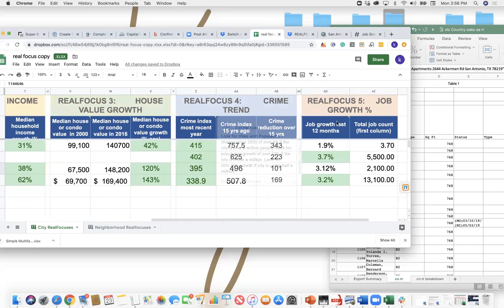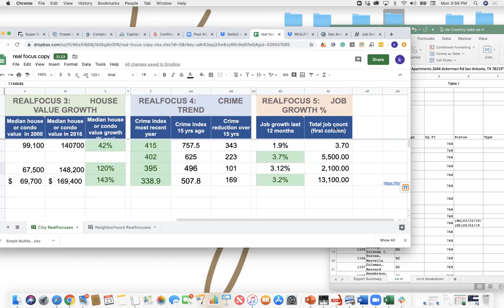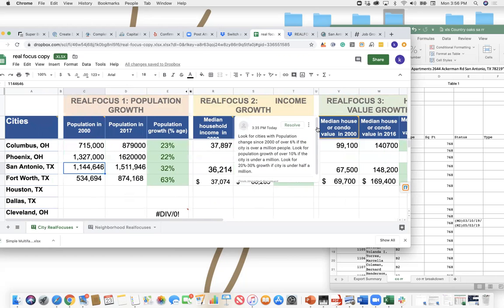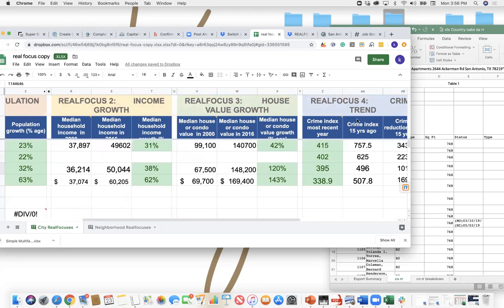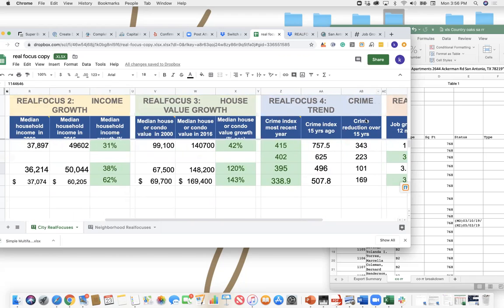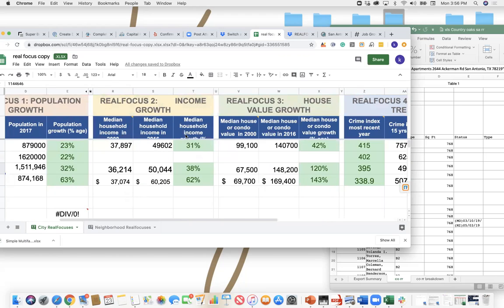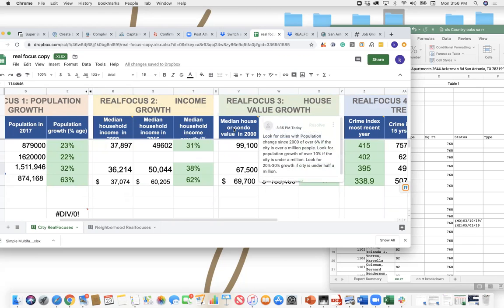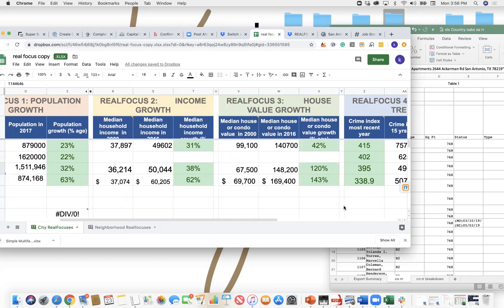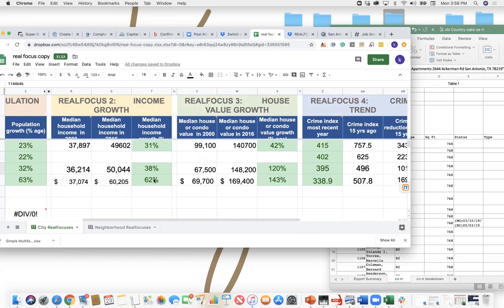Those are going to be like my number 1 and number 2 most important things that I care about. And then it goes from there to, I would say, crime trend, because that can kill a deal. And then these two are about equal. And then it goes over the actual stats on each of these little trends or deals here.